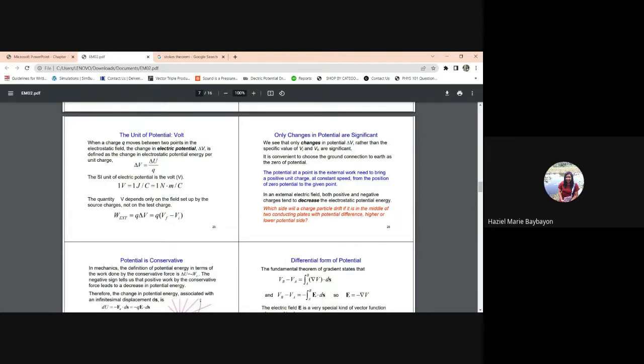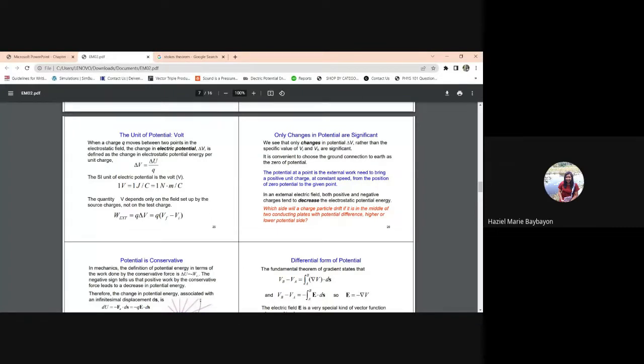So, the change in the electric potential is equal to the change in the electrostatic potential energy per unit charge. So the SI unit of electric potential is volt, which is equal to joules divided by coulomb.